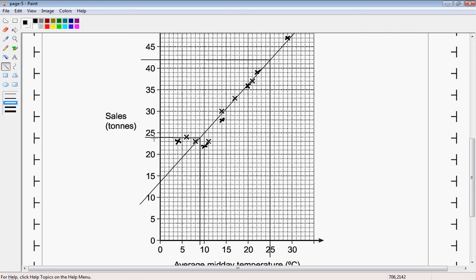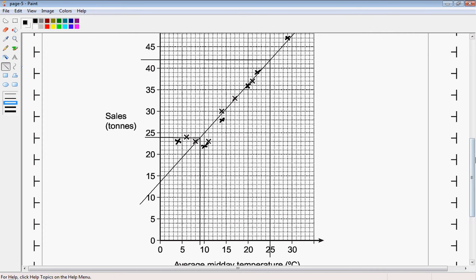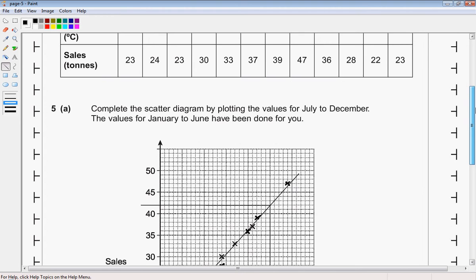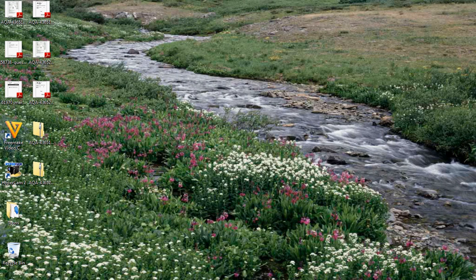If we were going to have a temperature of 9 degrees, we could see we would get a sales figure of about 24 tons. So if we go back to our question, well, actually if we go back to the previous point, we're saying 24 tons. They're saying previously it was 23 tons.